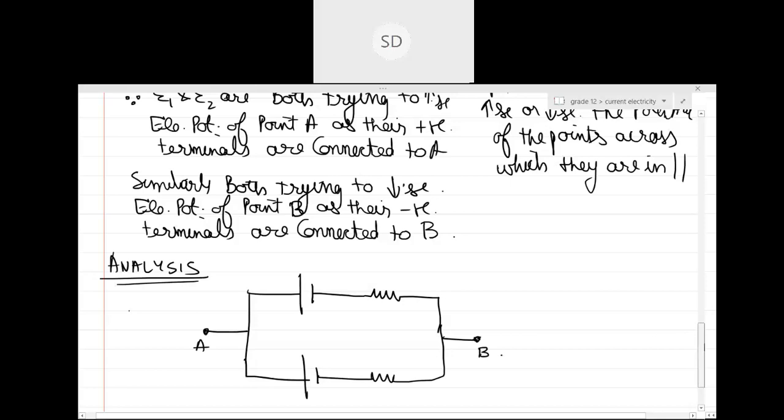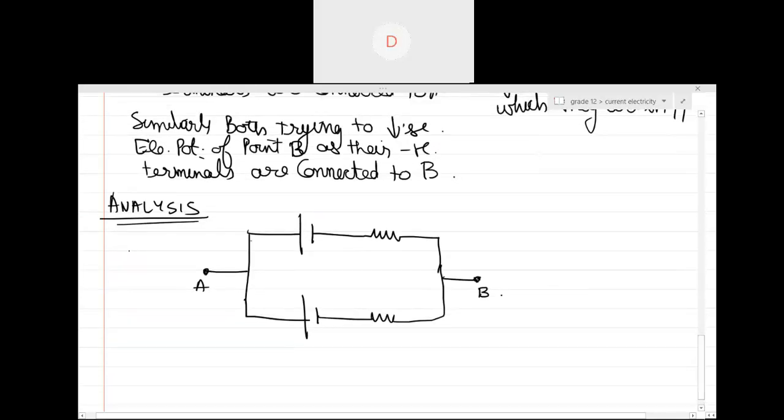Okay. So guys, basically what do I want? I want this to convert into a single battery and a single resistance. Is this what I want? Yes, sir. Okay, so tell me this particular thing.